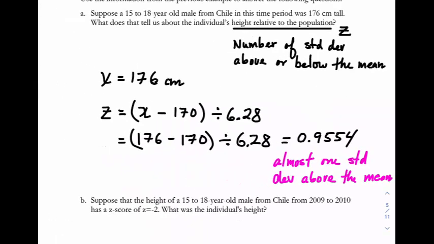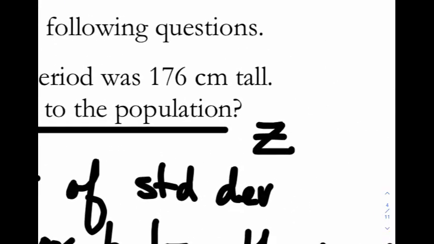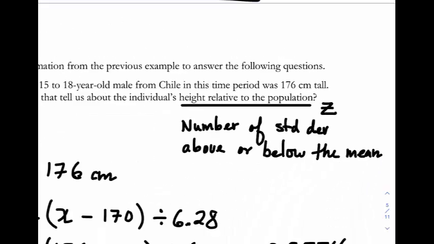And that kind of makes sense, because the standard deviation is a little more than 6, so we're not quite there with 176 if we assume that the mean is 170 centimeters.